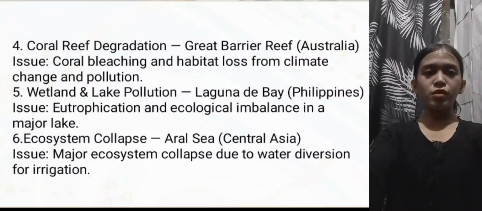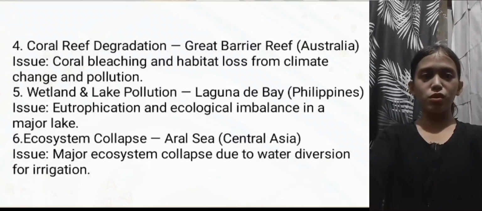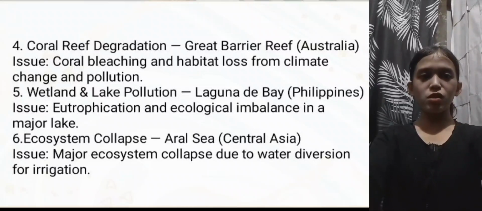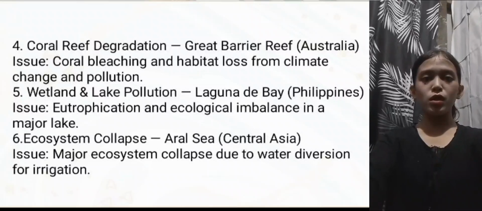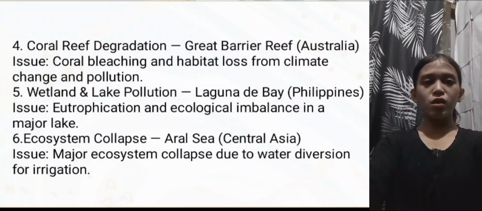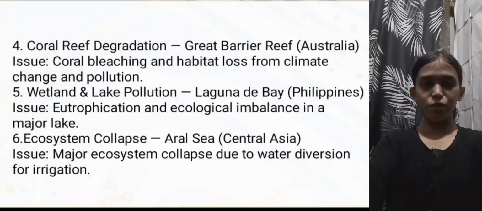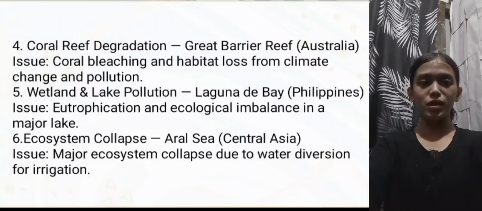Number 4, coral reef degradation. Great Barrier Reef in Australia. The issue for this is coral bleaching and habitat loss from climate change and pollution. Coral reefs are underwater ecosystems that support many sea animals.